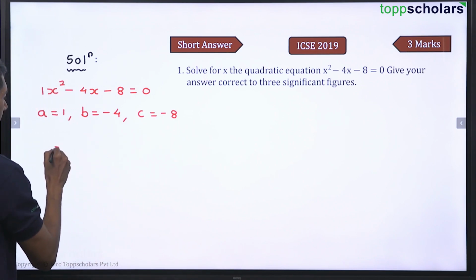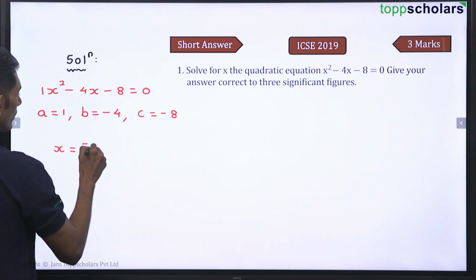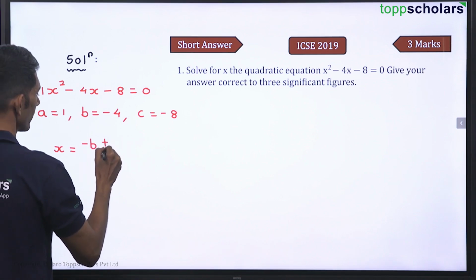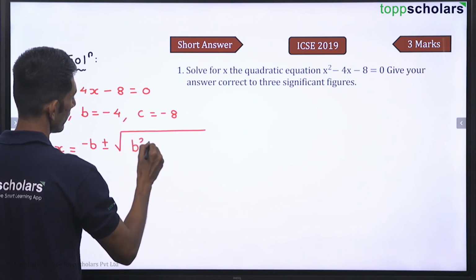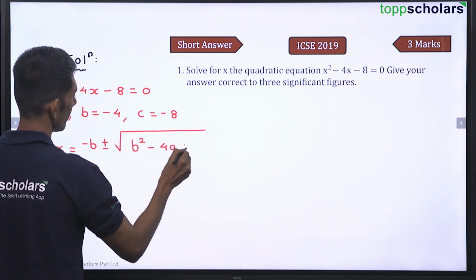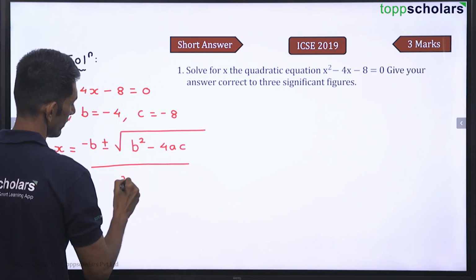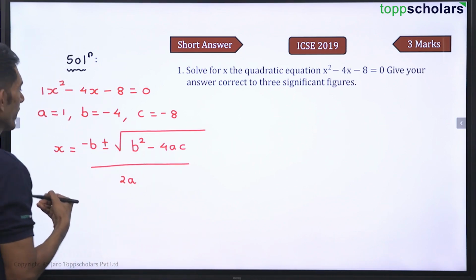So what is x? x is equal to minus b plus or minus under root b square minus 4ac divided by 2a.